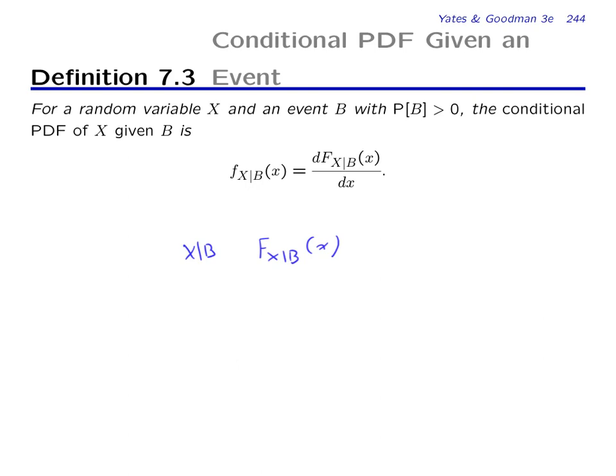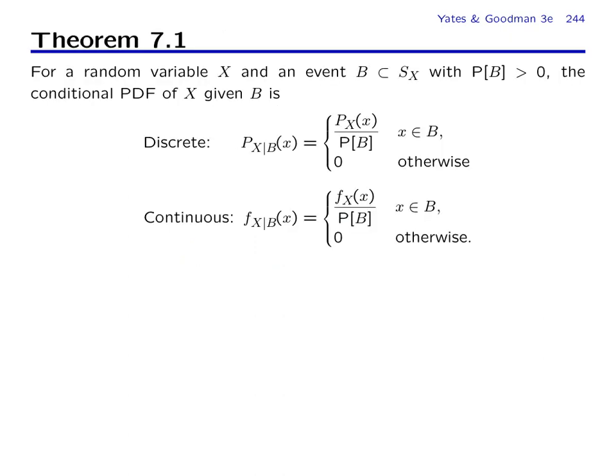And in that case, we define the conditional PDF simply as the derivative of the conditional CDF. When we introduced random variables, defining the density as the derivative of a CDF was somewhat confusing, and perhaps it still is here. However, we'll see that conditional PDFs are, once again, very easy to work with.